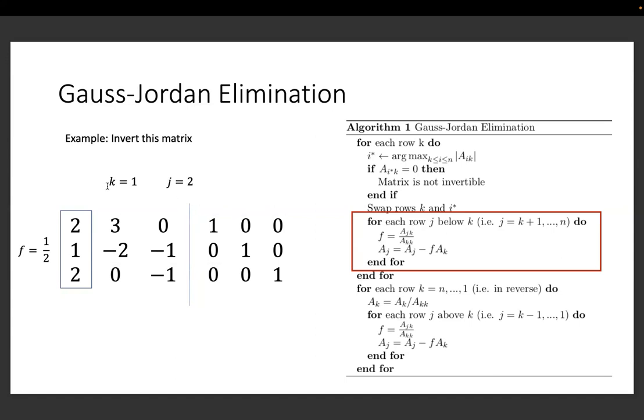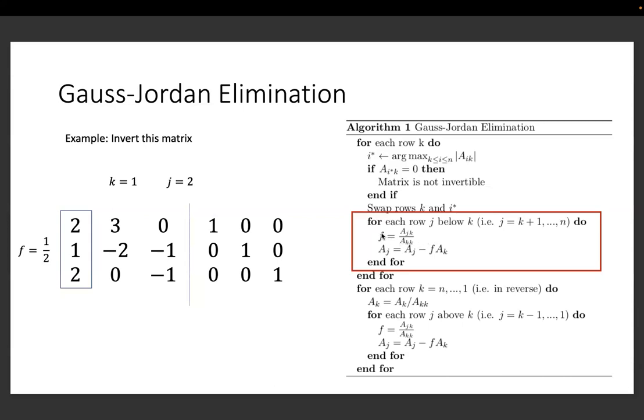For example, here k is equal to 1, so we need to do something for the second row and third row, right? Because k plus 1 is 2, and then up to n is equal to 3.